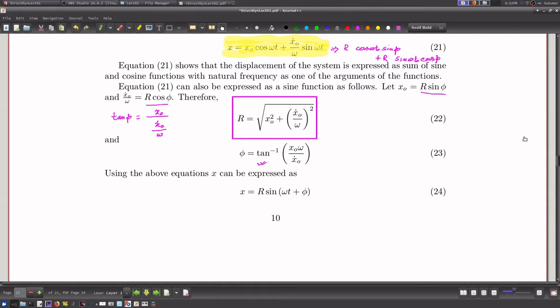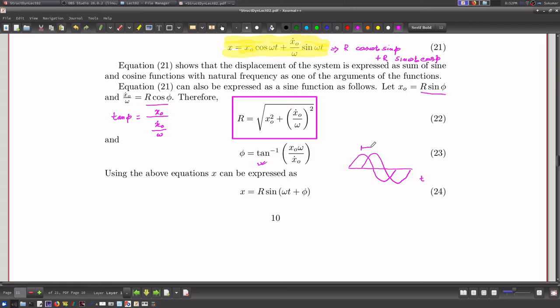For example, if I draw the original quantity as a harmonic quantity like this, this is my t. Now this will have its peak at a different time, not at the same time.